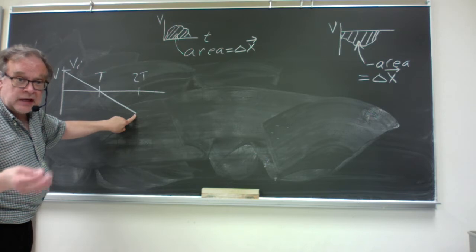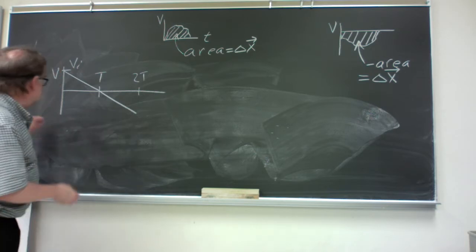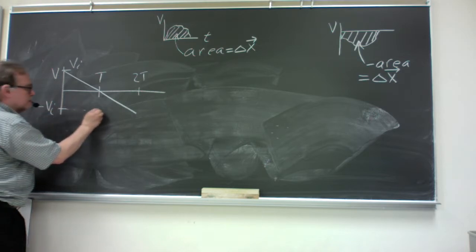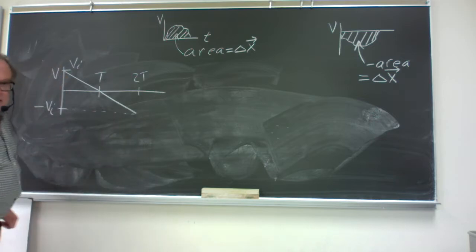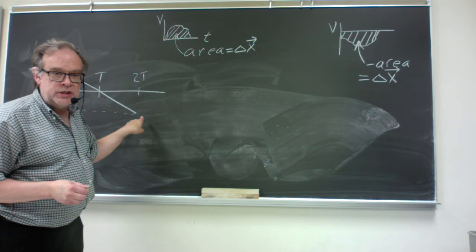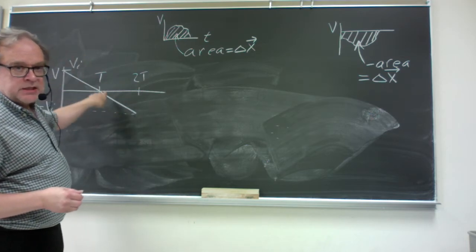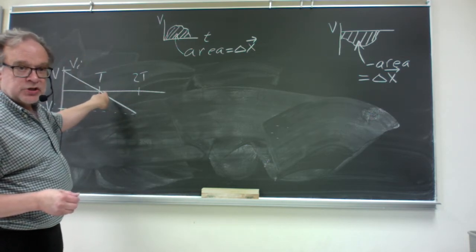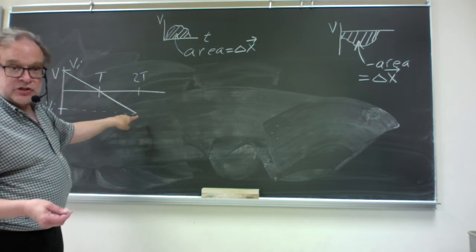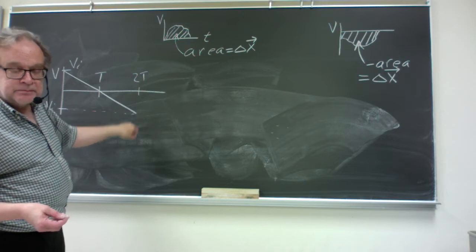It's just that the velocity is in the opposite direction. So a velocity of minus vi is the velocity that the object gets to at a time 2t. It spends t seconds moving in the positive direction and slowing to a stop, and then spends another t seconds moving in the opposite direction but speeding up.